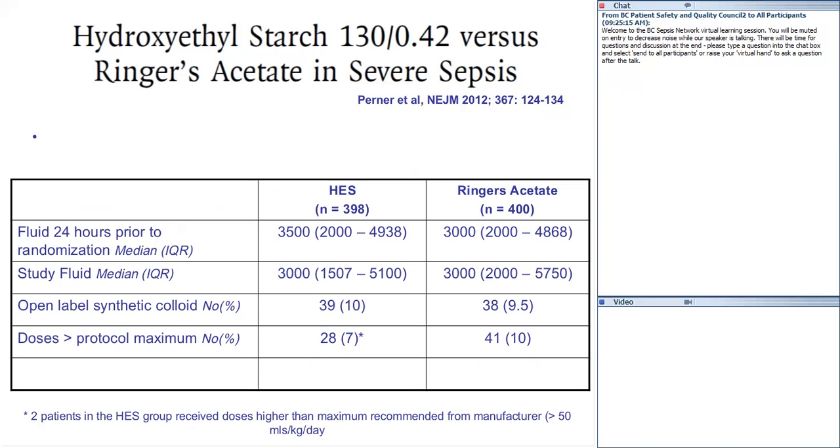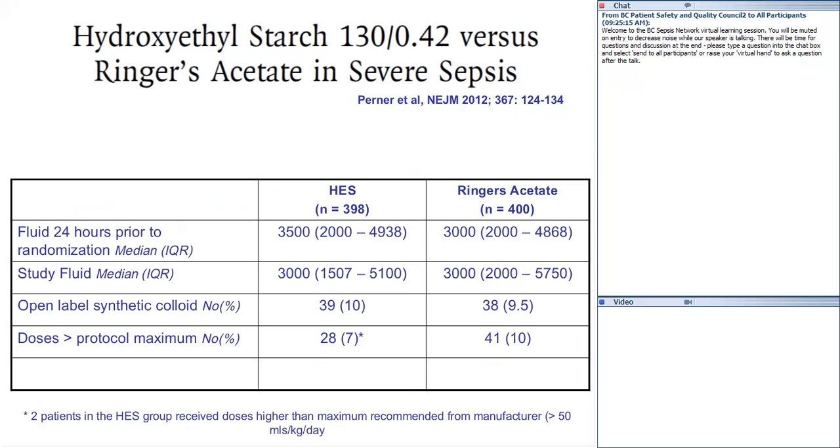With regard to fluids administered, they received similar amounts of fluid in the 24 hours before they were randomized. And with regard to the randomized fluid, they received a median of 3 liters each. So one of the criticisms from the previous starch trial, called the BICEP trial, was that patients in that study received so much starch, up to 250 mils per kilo.